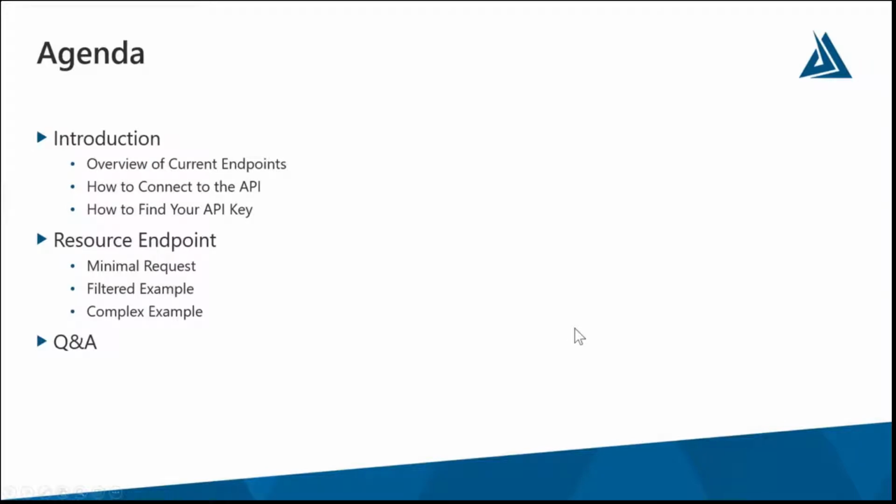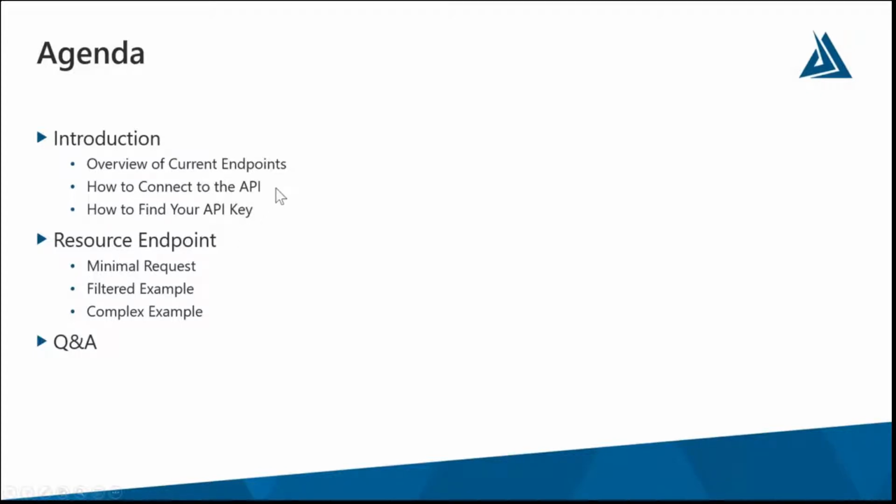So for the agenda today, we're going to model it much like last week's training. We're going to start with an introduction. For those of you who didn't join us last week, we'll be going over everything the Blue Triangle API can do. We'll talk about each of its current endpoints before we get into our focus on the resource endpoint.